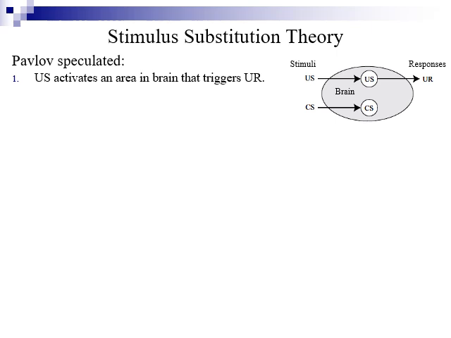So if we look at the diagram, we see on the left a US, the unconditioned stimulus. The tasting of food is detected somewhere in the brain, and then that area of the brain triggers the unconditioned response of salivation. That's what that's saying.